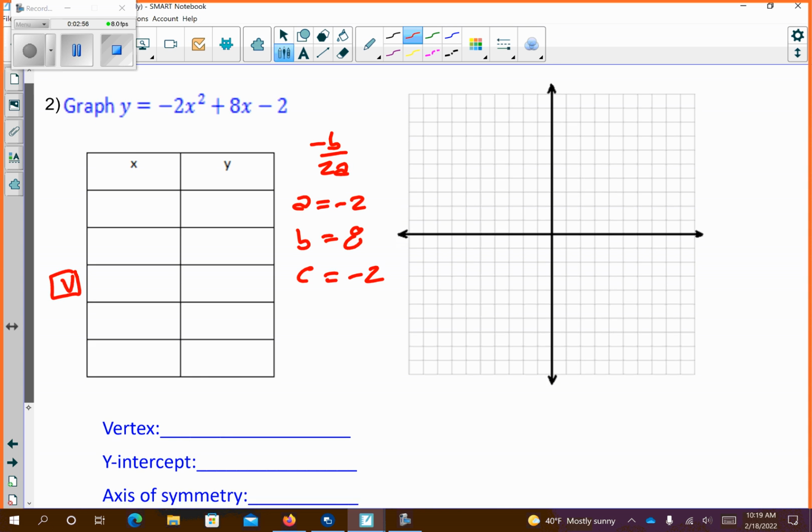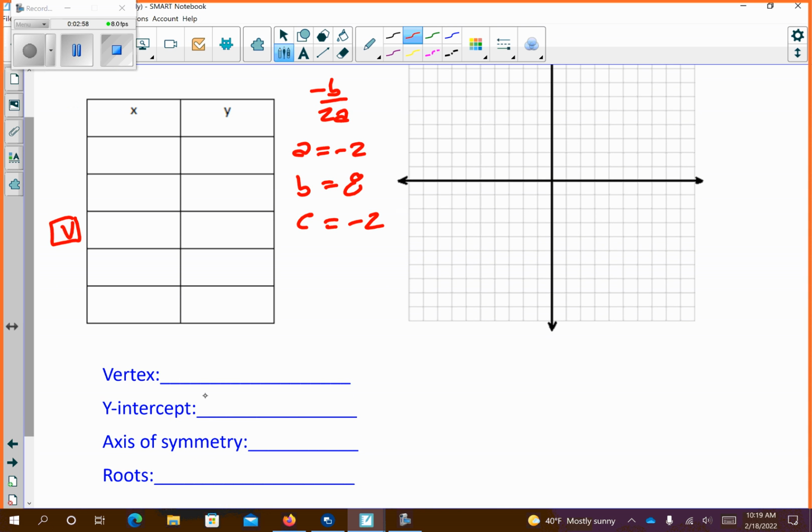Okay, I think because of that, we knew that our y-intercept being at (0, c), we can go ahead and say that we have (0, negative 2). So (0, negative 2) is right here. And our friends, the y-intercept is not always a critical value to know. It isn't a vital point.